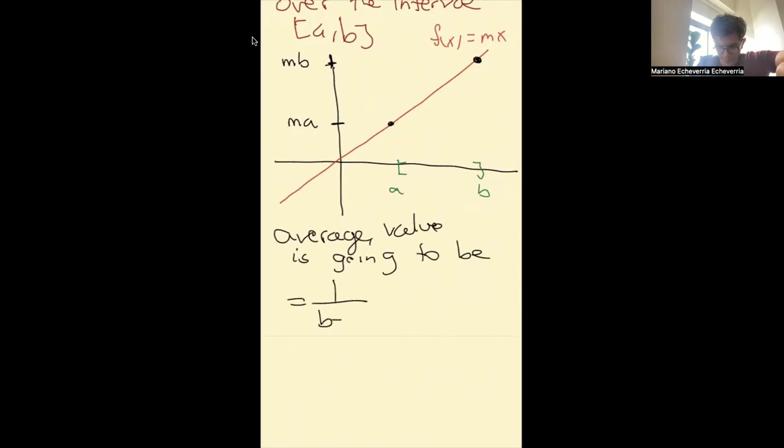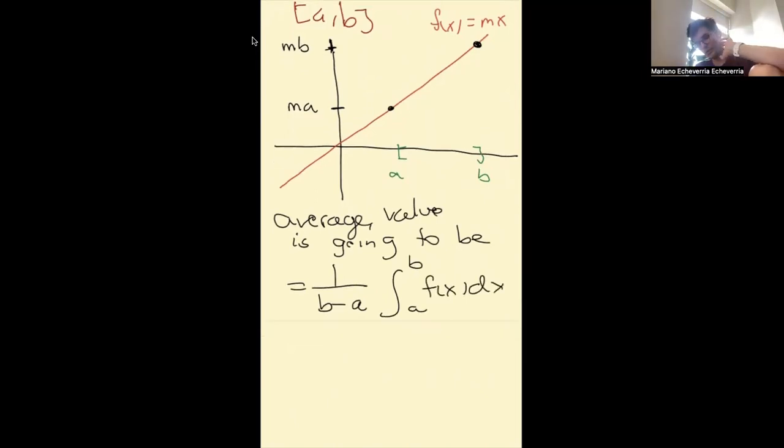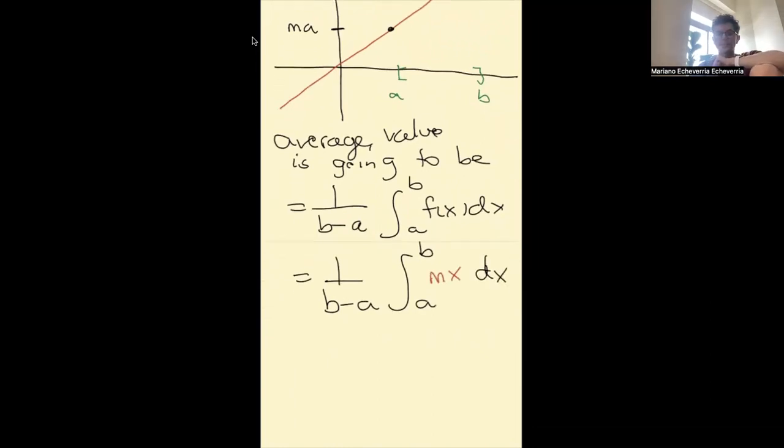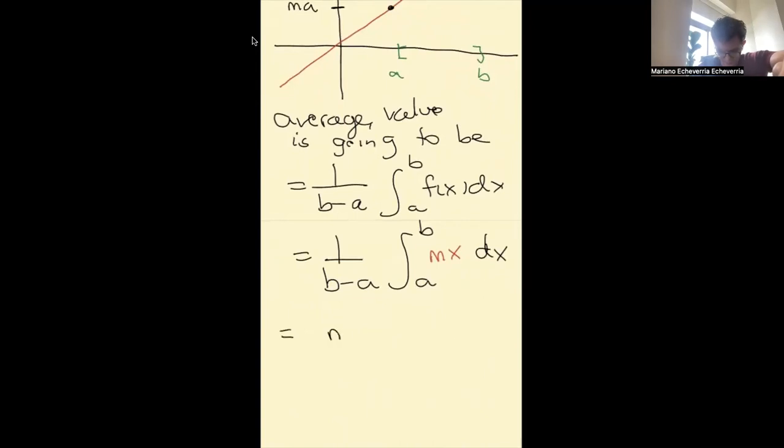is always 1 over b minus a times the integral from a to b of f of x dx. Okay, that's the definition of average value. But now the function just happens to be mx. If you remember, the slope for a line is constant, so you can take out the slope.